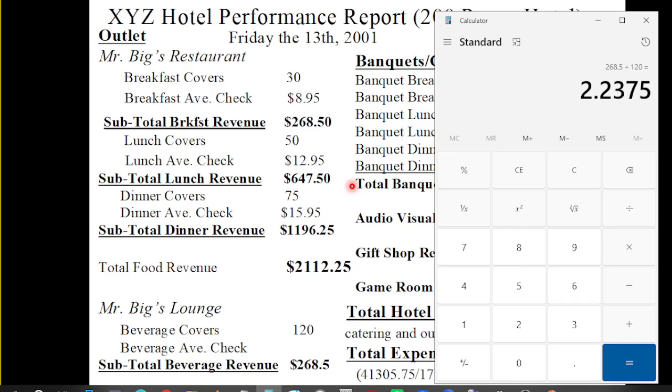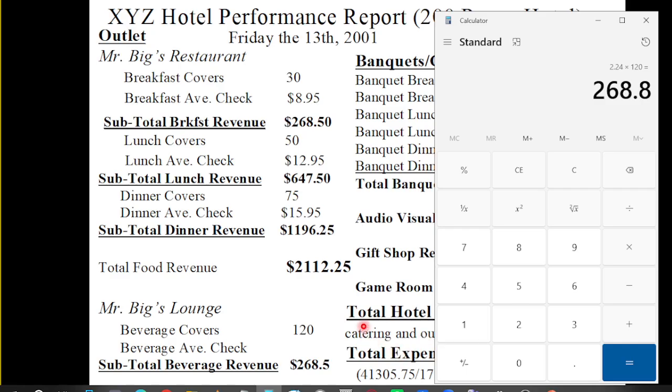Okay, we need to round off. $2.24 times 120 is equal to 268.8.